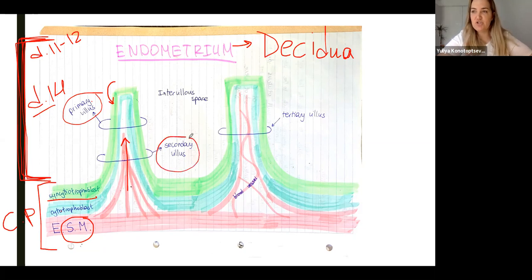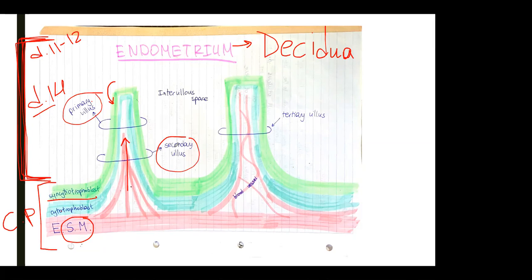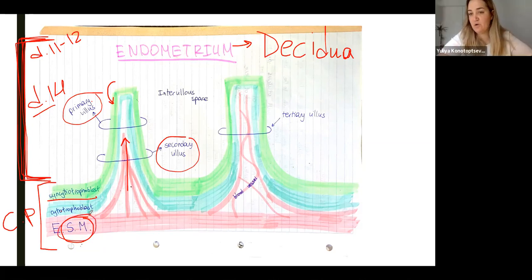So what is the major difference between primary and secondary villus? The somatic mesoderm? Exactly, the presence of the somatopleuric mesoderm. If it is in the core, you're going to call it secondary villus. If it is not in the core, you're going to call it primary villus.